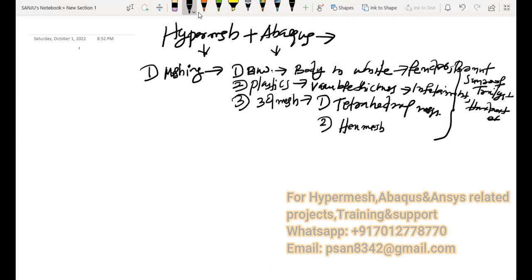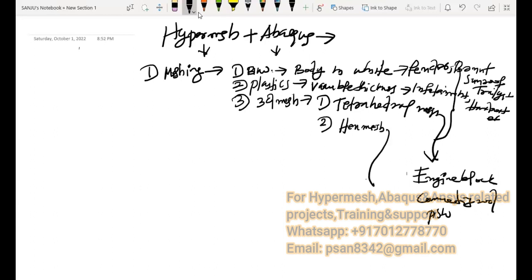The tetrahedral meshing mainly covers all the casting components, like engine block, connecting rod, piston, etc. In hex mesh, we can say some kind of clampings, universal joint, etc. All these types of components we will be learning.